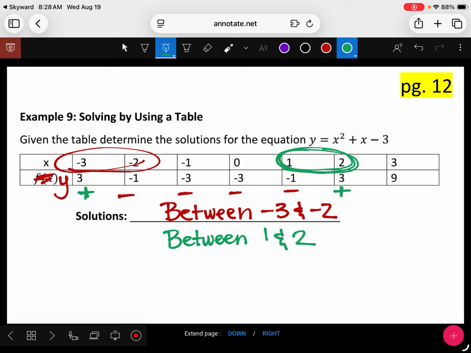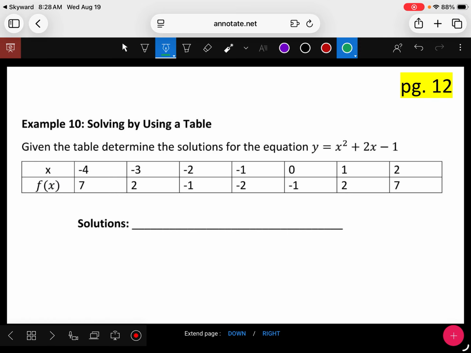All right, and then our last question, I want you to try to do example 10 on your own. First, you're going to see if you can find a 0 in your y value. So these are y. And if you don't find a 0, I want you to look at the sign change.